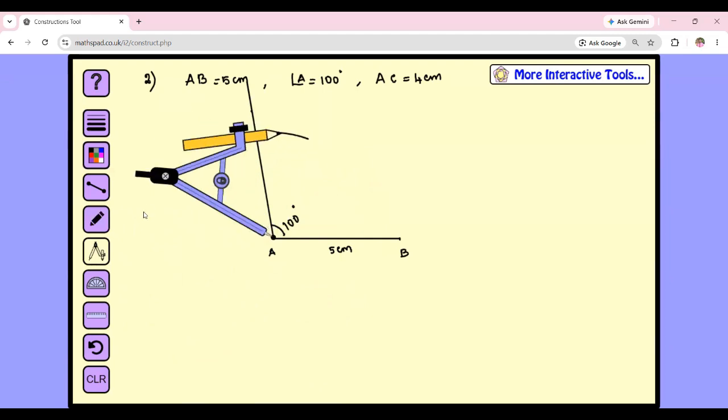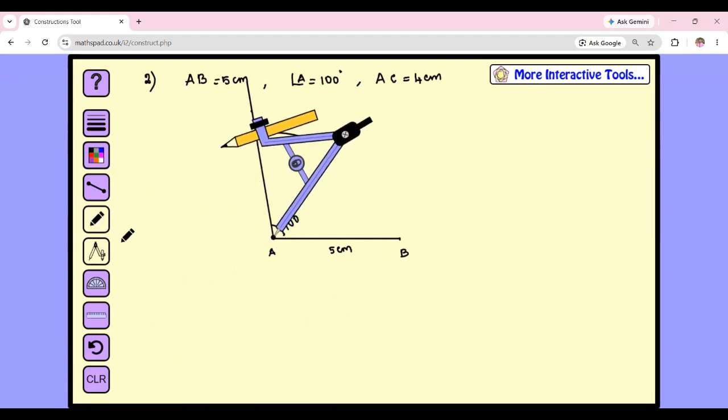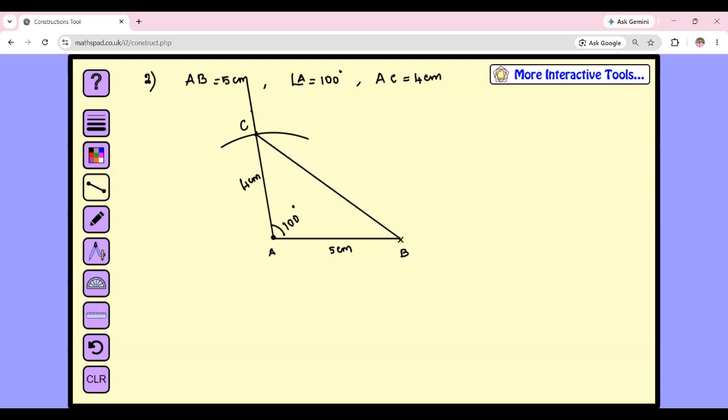Where the arc intersects the previous line, you can take it as C. Now this is my C point. AC should be 4 centimeter. Now we can just join BC. This is my triangle.